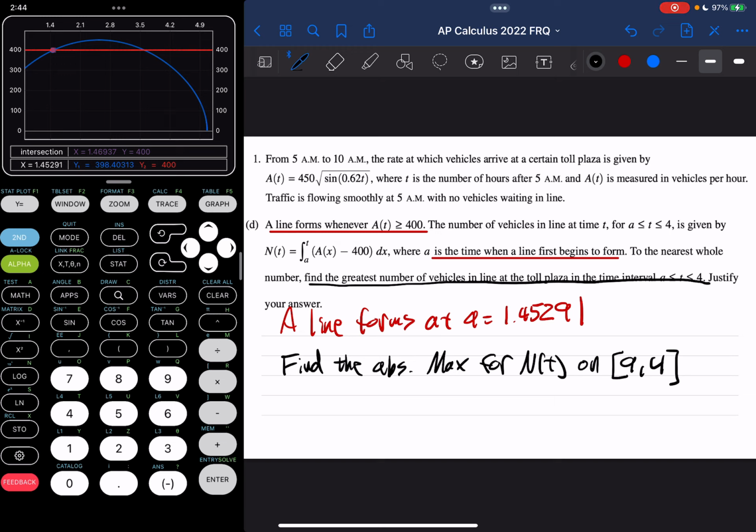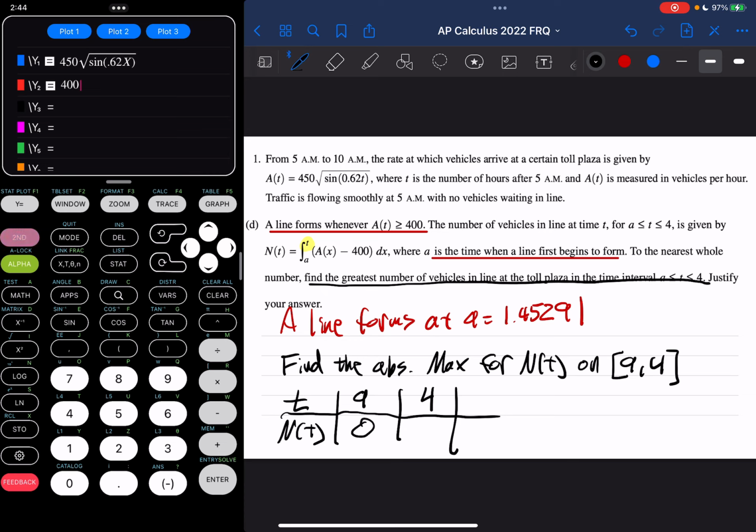All right, so let's put t, N of t, I'll just do it sideways. So at time A, if I plug in A for t right here, well, that's going to be 0. Now what about if I plugged in 4 for t? All right.